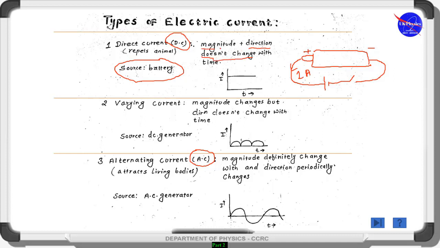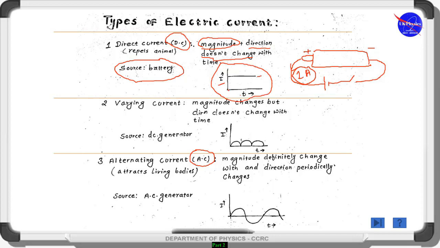Also, the magnitude does not change because this battery can flow 1 ampere current all the time. There are no fluctuations of this value, we can suppose. If we plot a graph between I versus t, the nature of the graph is like this.